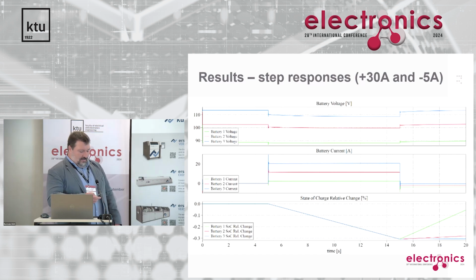And this is from 0, now this is 0 current, and then it starts with 30 amps, and if you add those 3 currents of each module, you will have 30 amps. And the same is here, when you add up those 3, it will be -5.